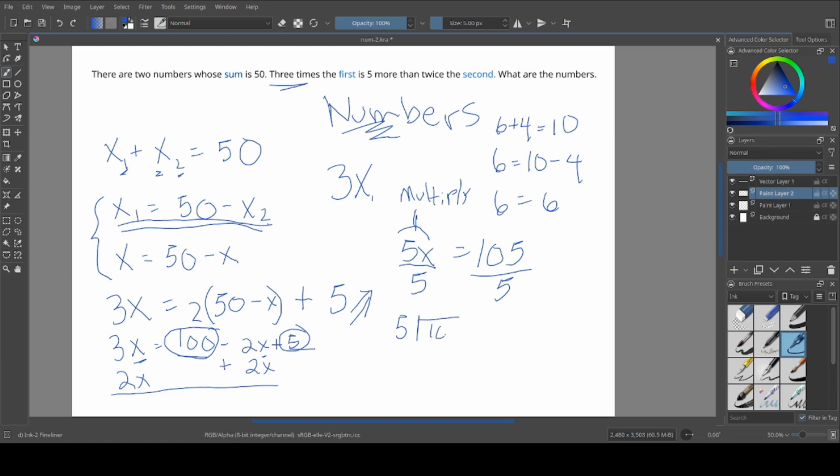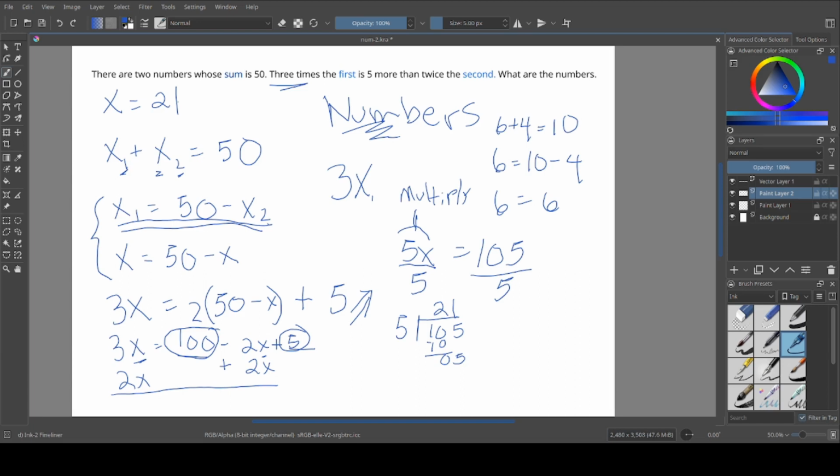We know 5 goes into 10 2 times. So I'm just working it out. 0. I bring down my 5. 5 goes into 5, 1. So basically, x, I'm going to come right up here. x is equal to 21. x equal to 21.